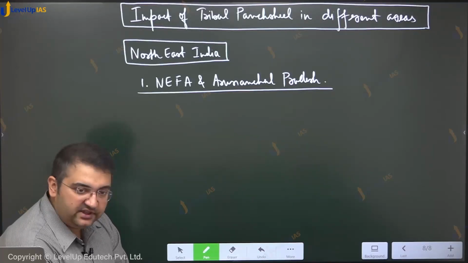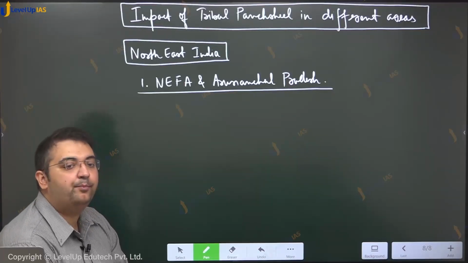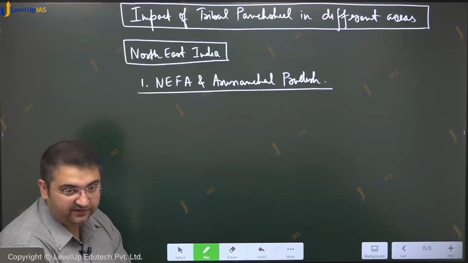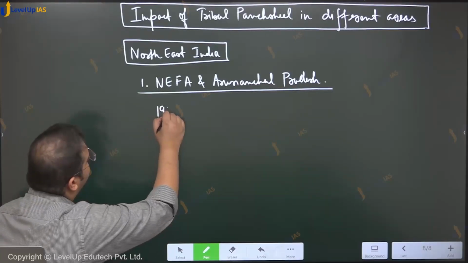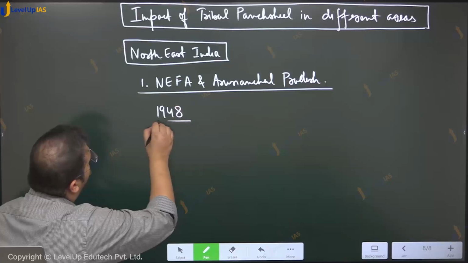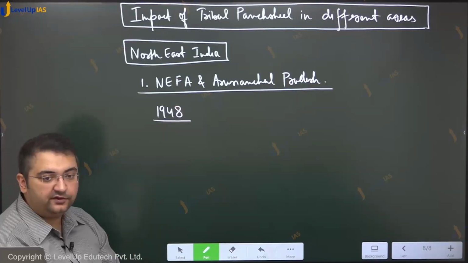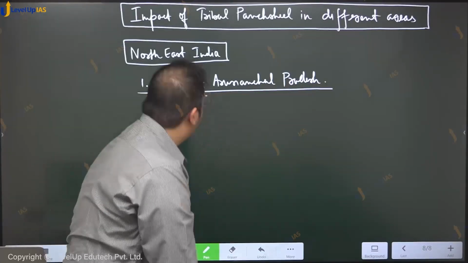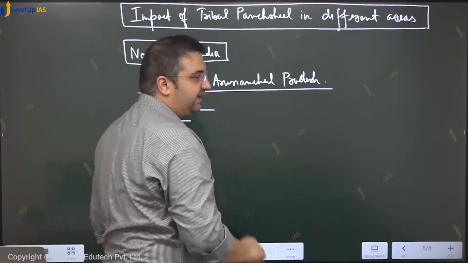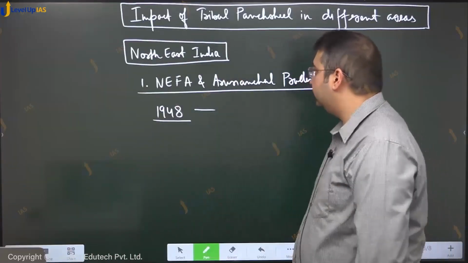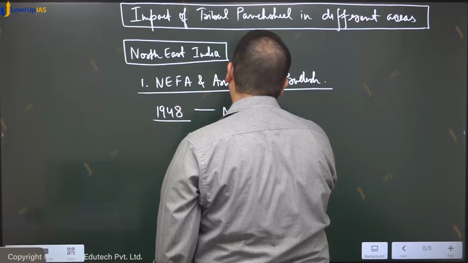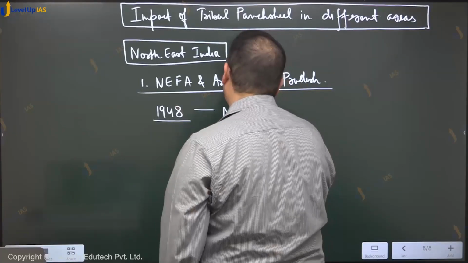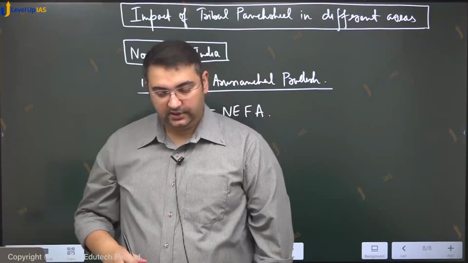जो अरुणाचल प्रदेश वाला रीजन है दैट इज पार्ट ऑफ द असम डिवीजन, right. In 1948, in accordance with the principles of tribal Panchsheel, these were separated from Assam and constituted into the Northeast Frontier Agency. Okay.